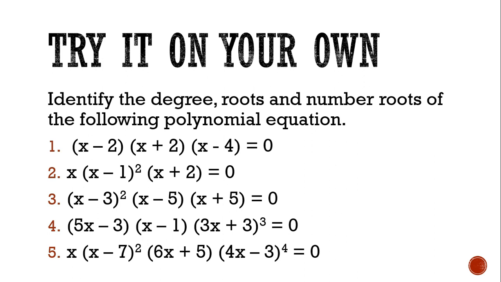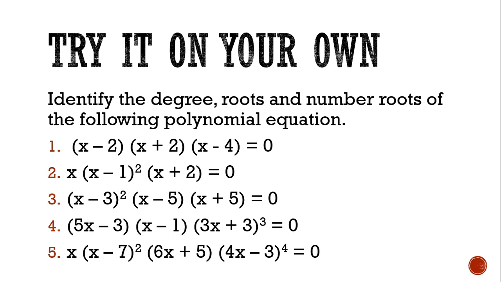Number 2, x times the quantity x minus 1 squared times x plus 2 is equal to 0. Number 3, the quantity x minus 3 squared times the quantity x minus 5 times the quantity x plus 5 is equal to 0.